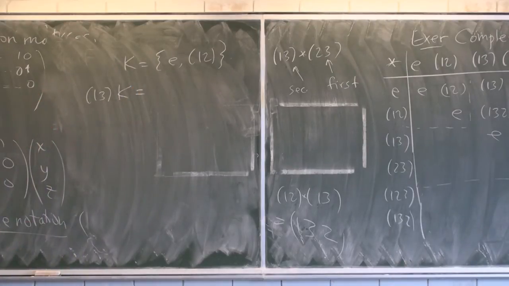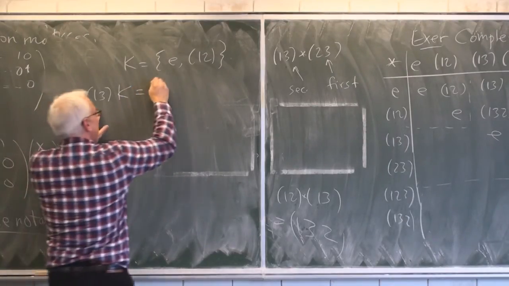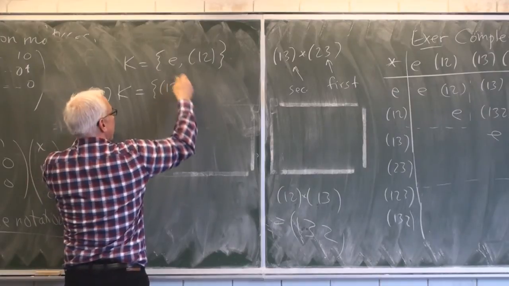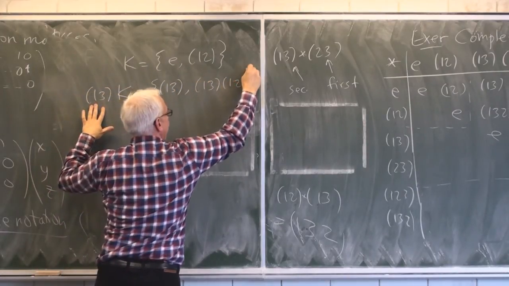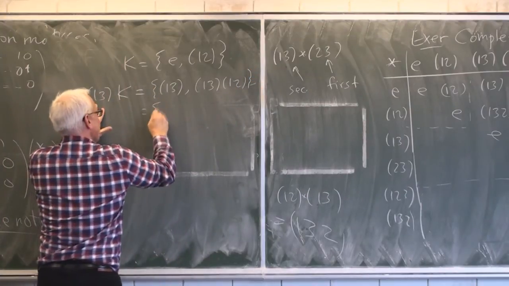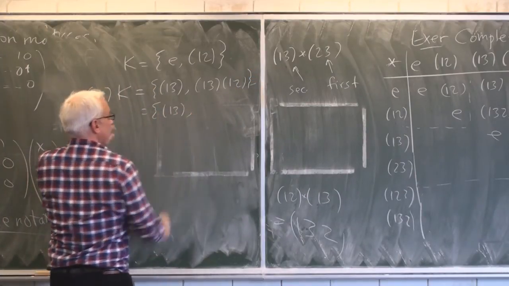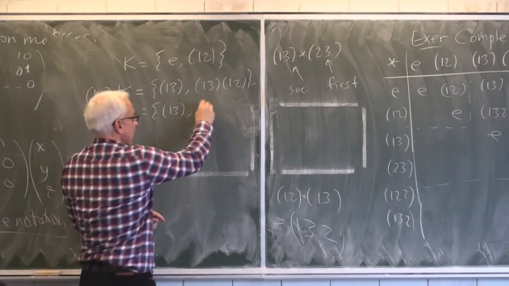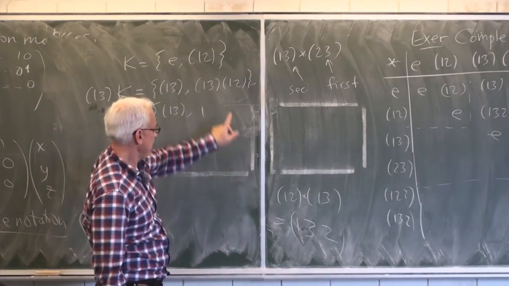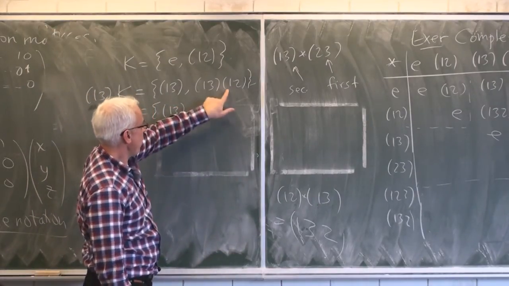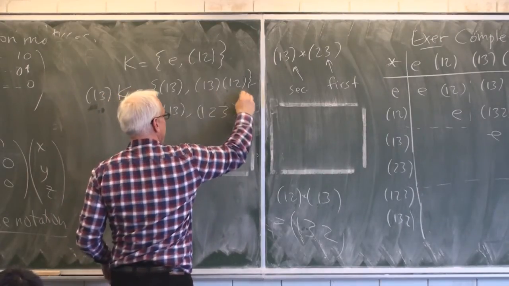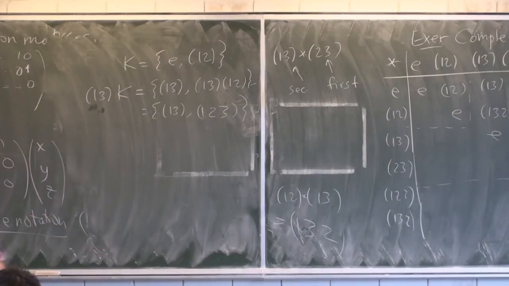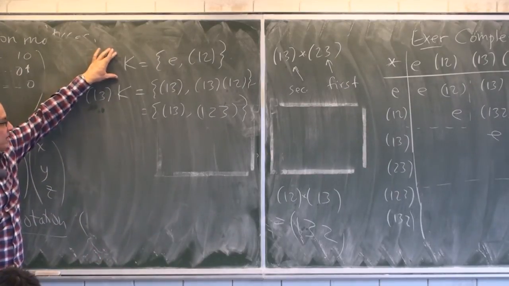If we translate it on the left, we're obliged to take 1, 3 times E, which is 1, 3, and 1, 3 times 1, 2, which is 1, 3 together with, did we calculate that? No, we calculated the other one. 1 goes to 2, which stays where it is, and then 2 goes to 3. So that's a coset of this subgroup.